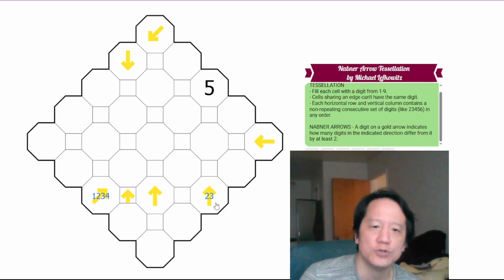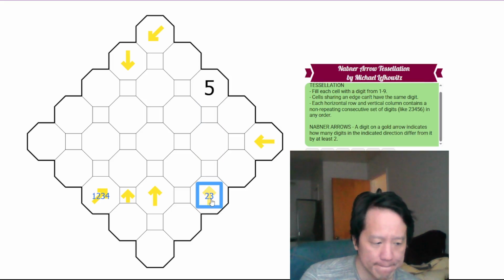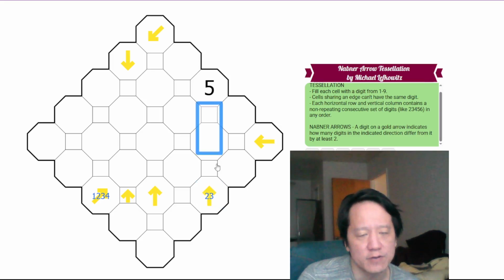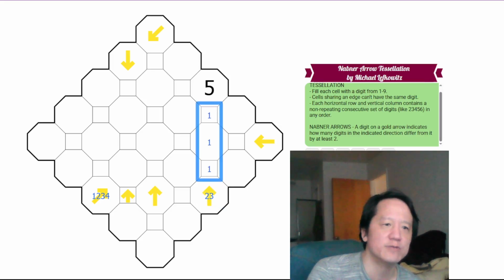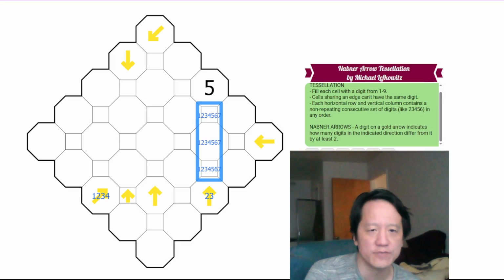If it's 2 digits which are not consecutive, it would have to be 1 through 5 here. If this is 3, that means 3 of the digits would not be consecutive with it, which means 1 would. So there would have to be 3 through 7. So this has to be 1 through 7 here. Yeah, it's 1 through 7.